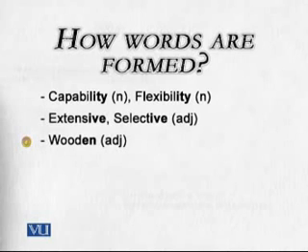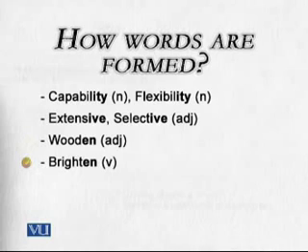From wood, as a keyword, you can add one suffix, EN, it will be wooden. And bright, let's say, is a keyword and root word, you can add EN with it, and it will become, of course, a verb, brighten. Bright is an adjective, and you can add EN with it. Now, EN, since you are adding it at the end of the word, is called a suffix, and it will be, of course, a verb.